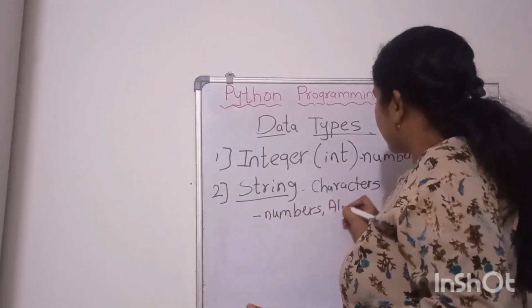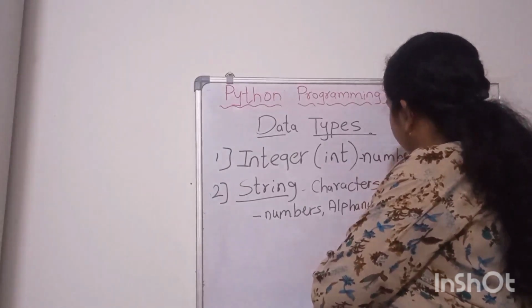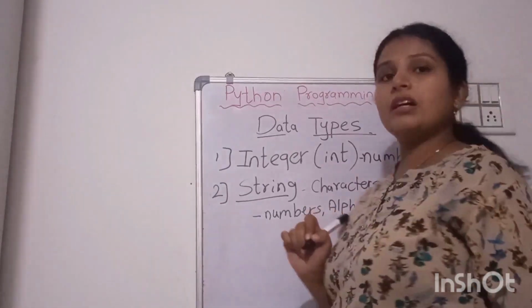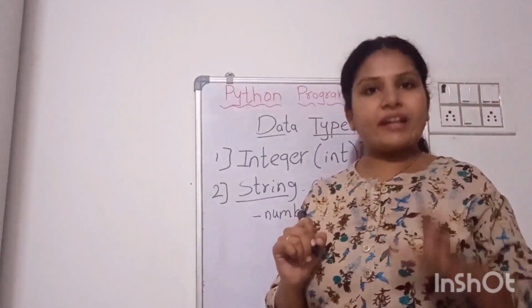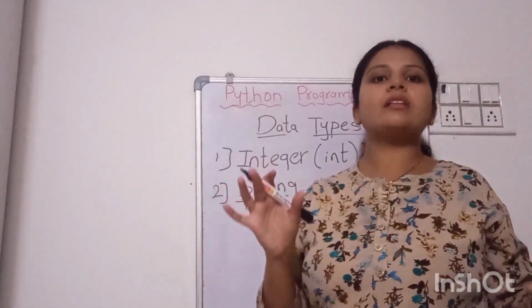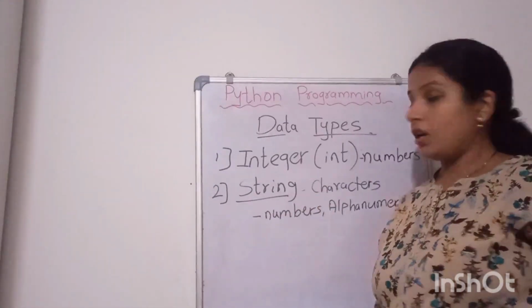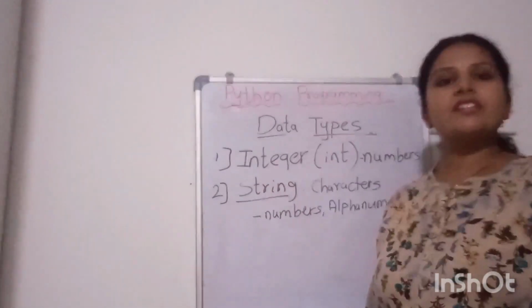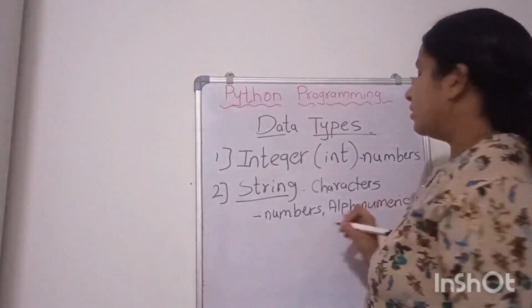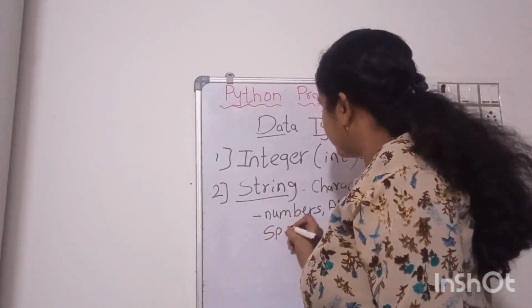You can also consider alphanumeric characters. What are alphanumeric characters? The characters which consist of alphabets plus numbers. Those are also strings, and so are those with special symbols added.